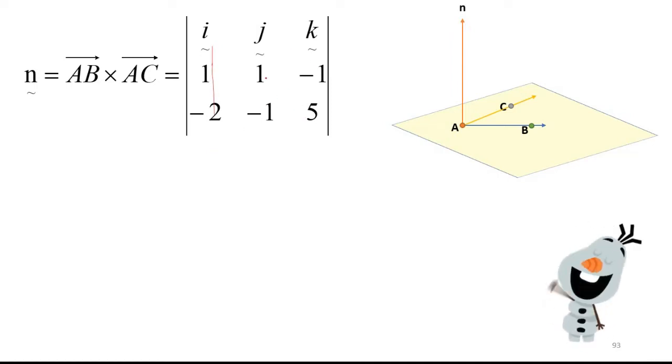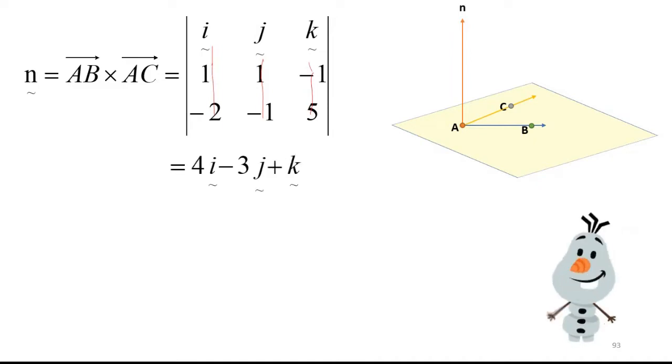Then tutup j, we got 5 minus 2. And tutup k, kita dapat 1 plus 2... So the final answer is 4i minus 3j plus k. So this is the normal vector here.